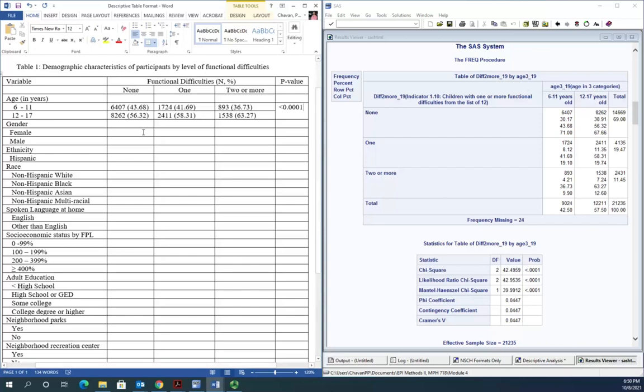Second thing is, whenever we are reporting the frequencies, like you see over here, it's 43.68. This is 41.70. We can easily translate this to 41.70 instead of 69 and 43.70 instead of 68.